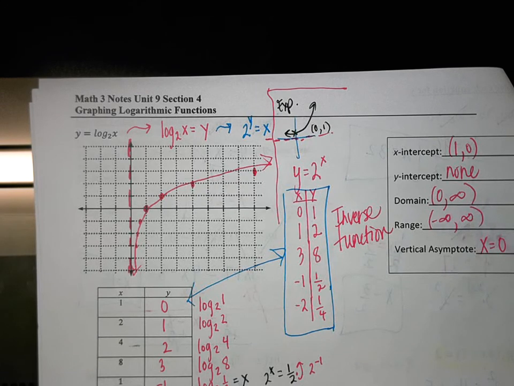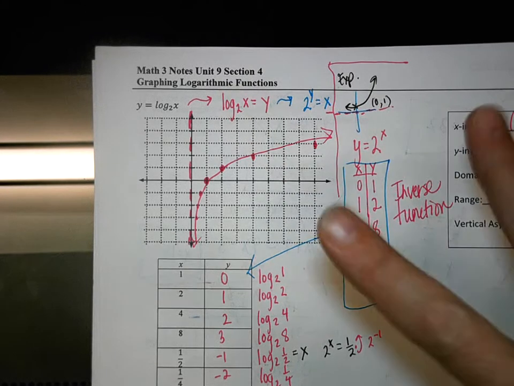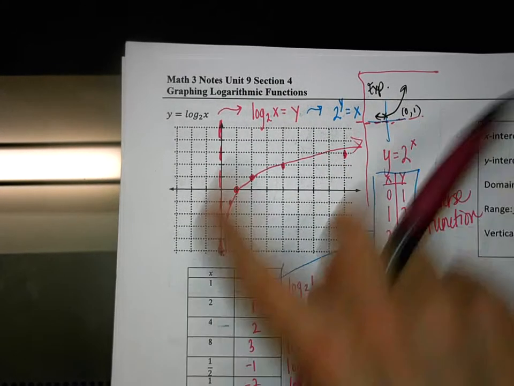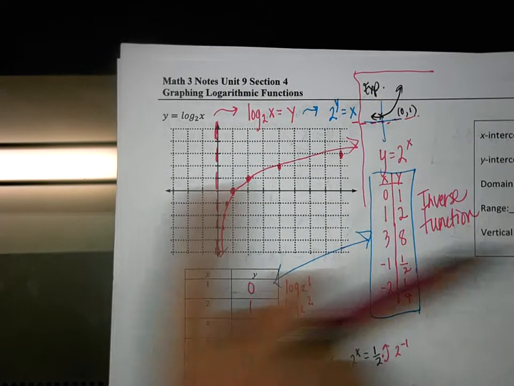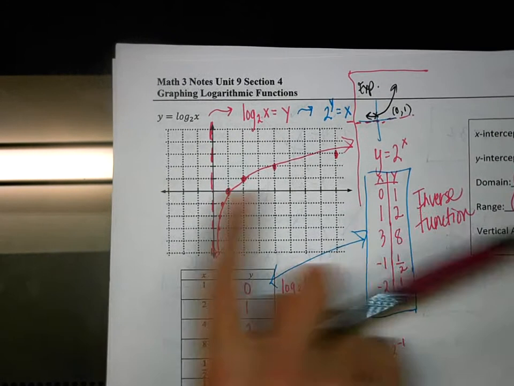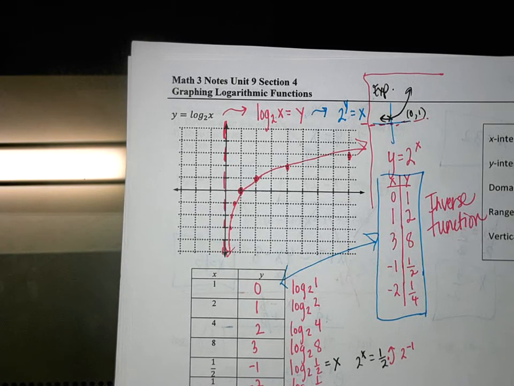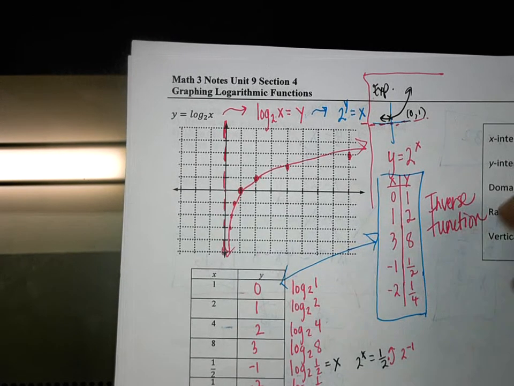Kind of, except it would be difficult to put these both on the same graph because this one has an asymptote at x equals 0, where our other exponential function has an asymptote at y equals 0, and so they wouldn't actually work to be on the same graph. But if you just were wanting to overlay them, it would kind of look like that. But yes. Okay. That's just a little piece of information.